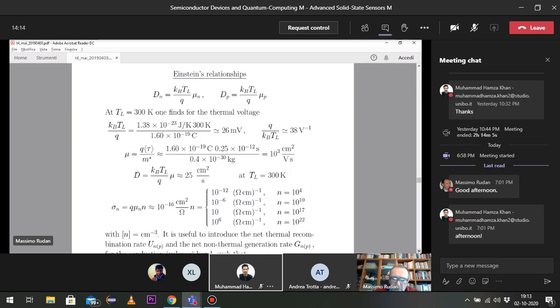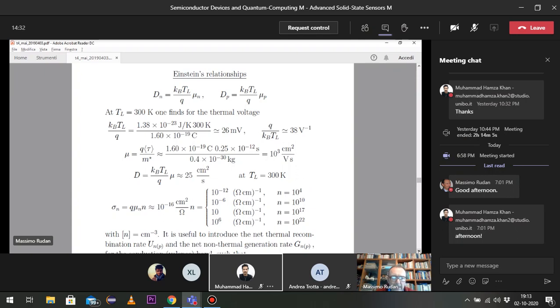They also apply to other types of particles, not necessarily only to electrons and holes. So now we can determine the order of magnitude of these quantities.